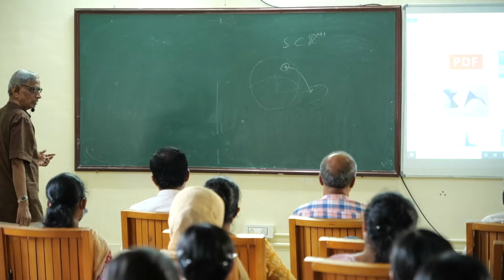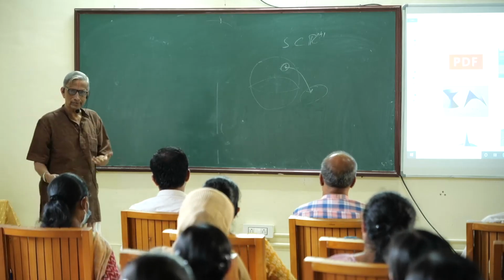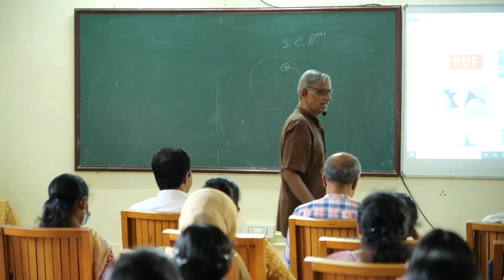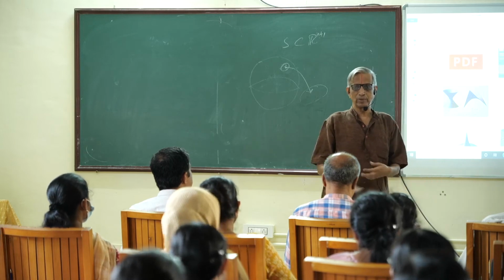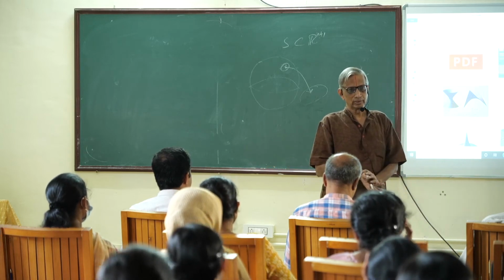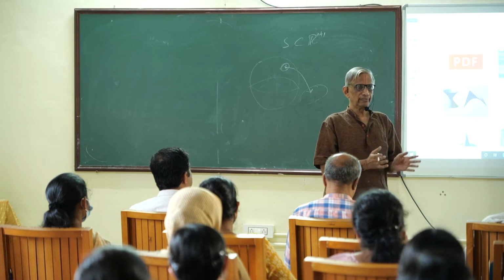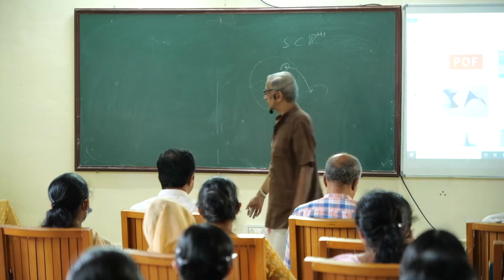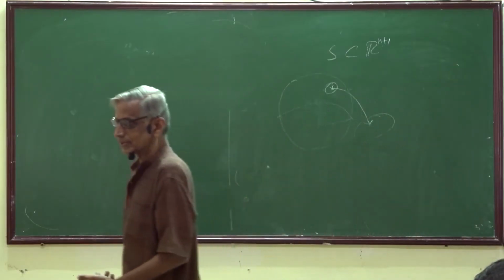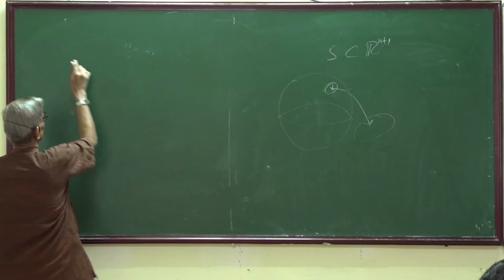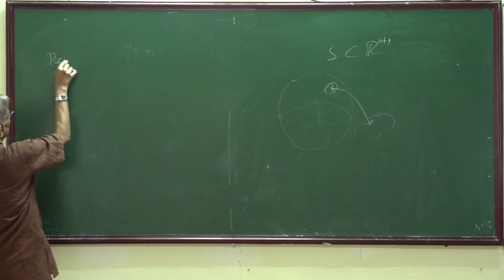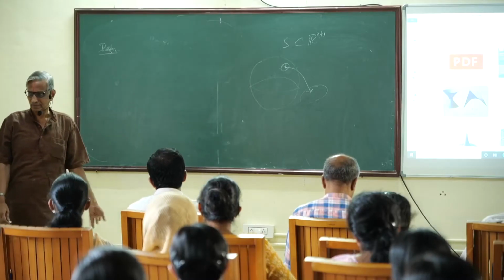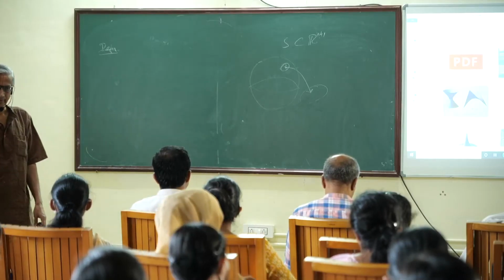The other one is to look at surfaces as level surfaces. Just like the sphere equation, you write x squared plus y squared plus z squared equal to 1. That is of the form f of x, y, z equal to 1 for a suitable function f. So these are what are called level surfaces. The definition that we gave yesterday was of a level surface. That's going to be our definition of a surface.